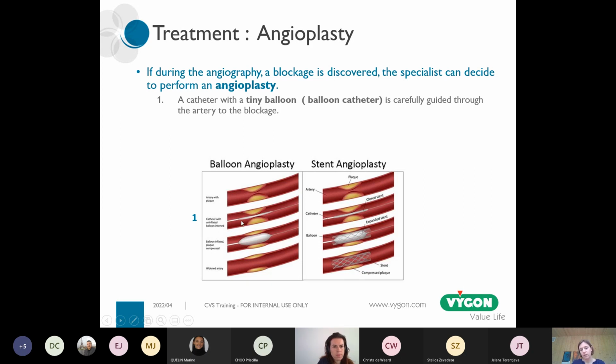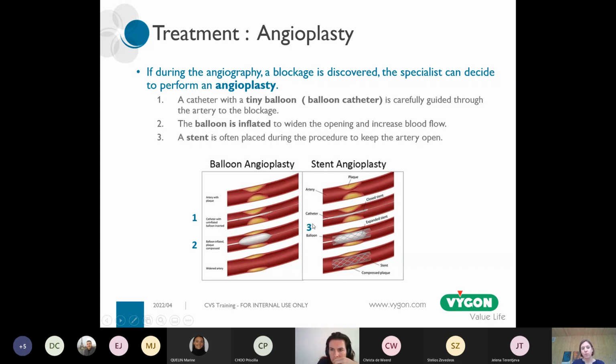You have a catheter with a tiny balloon which will be guided through the artery to the blockage. Then the balloon will be inflated to widen the opening and increase the blood flow. And very often, a stent is placed during the procedure to keep the artery open.